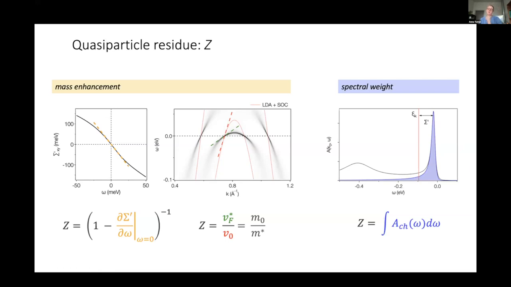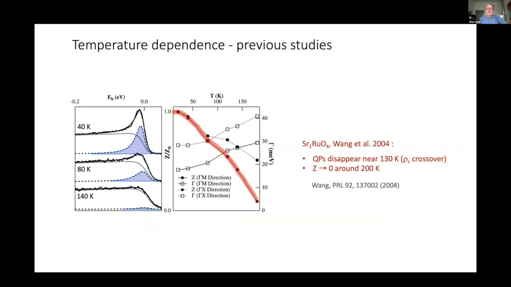This problem was already looked at a few years ago in the group of Peter Johnson. They looked at how quasi-particles evolve with temperature. These are some of their data. It's an EDC, an energy distribution curve, measured at a specific point at the Fermi surface for three different temperatures. They assume some background and extract the coherent part of the peak.